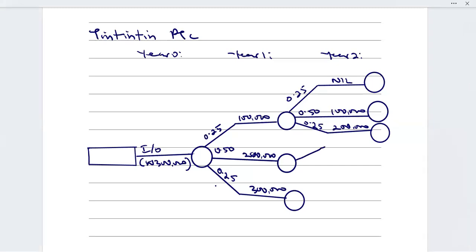There's a probability of 0.25 that cash flow in year two will be 100,000 naira. So here is 100,000. I will have to close that.